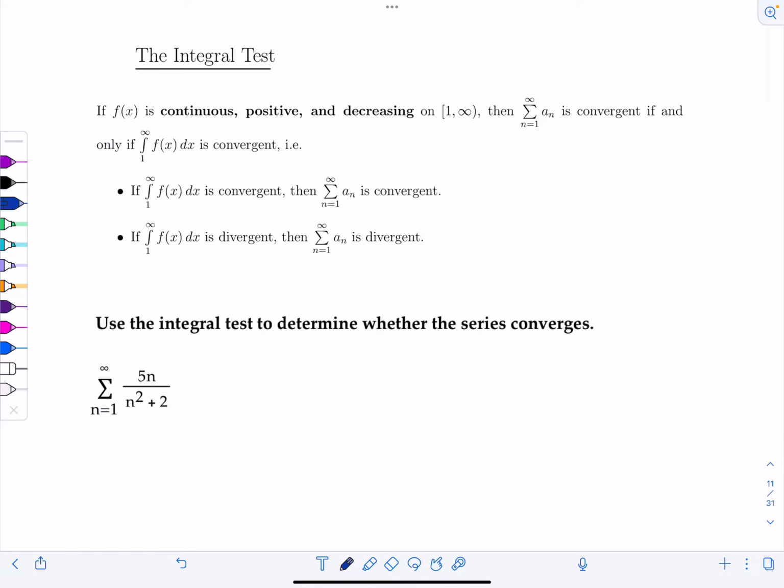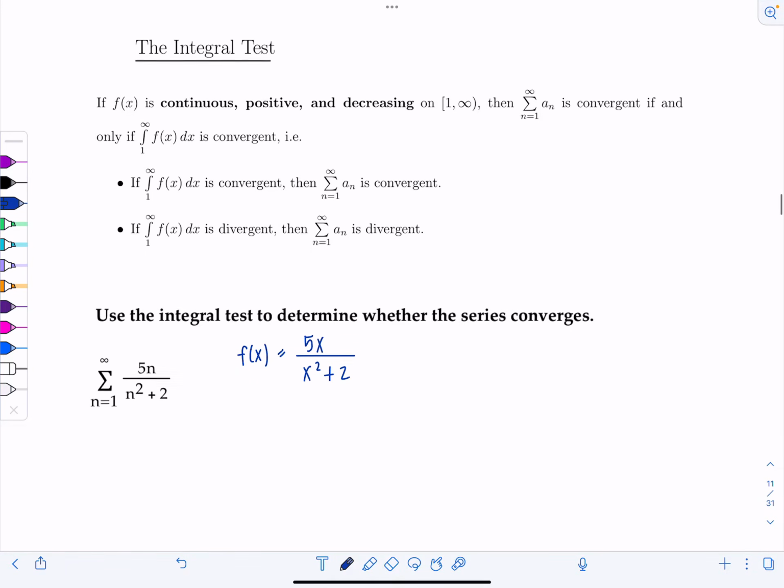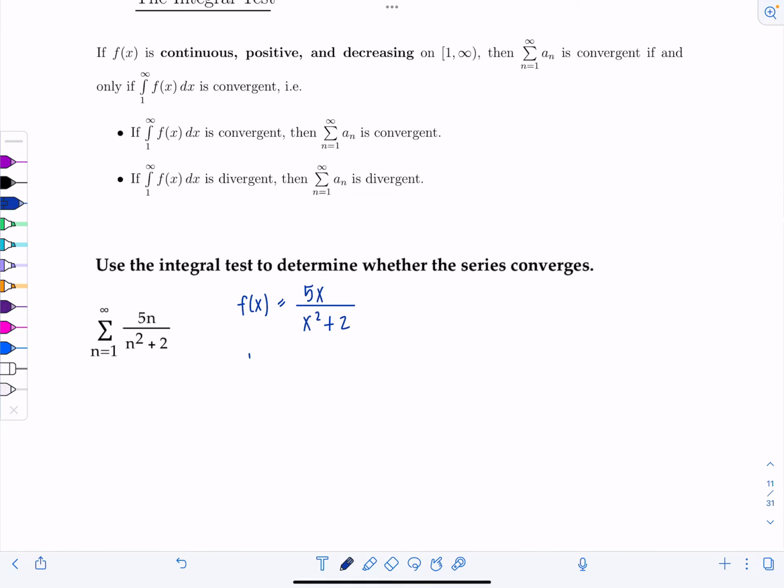So the function f of x would be 5x over x squared plus 2. So let's check the three conditions. Is f of x continuous on 1 to infinity? Well, what kind of a function is f of x? f is a rational function. So if I know its domain, it's continuous on its domain.